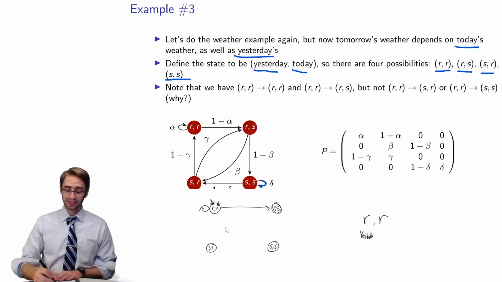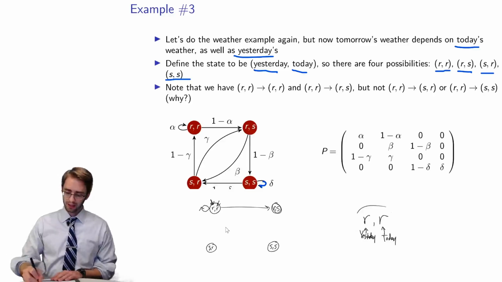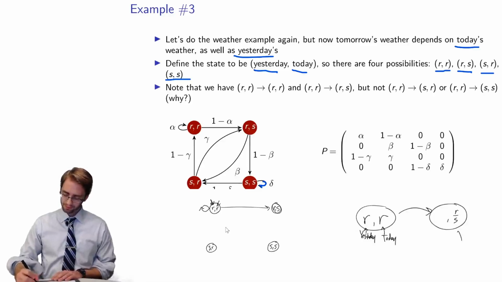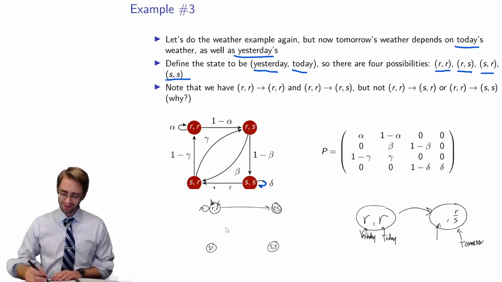The states that we are going to be are whatever the value is tomorrow, which could be a rain or a sun. And this is tomorrow. But this state here, what is the yesterday of tomorrow? Well, if I'm tomorrow, then the day that preceded me there would be today. And what is the weather today?